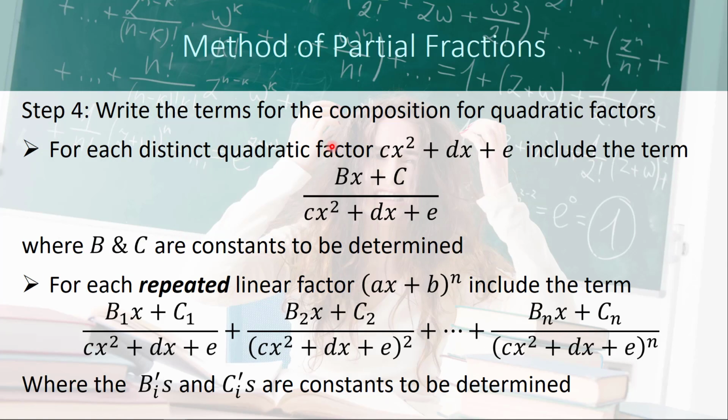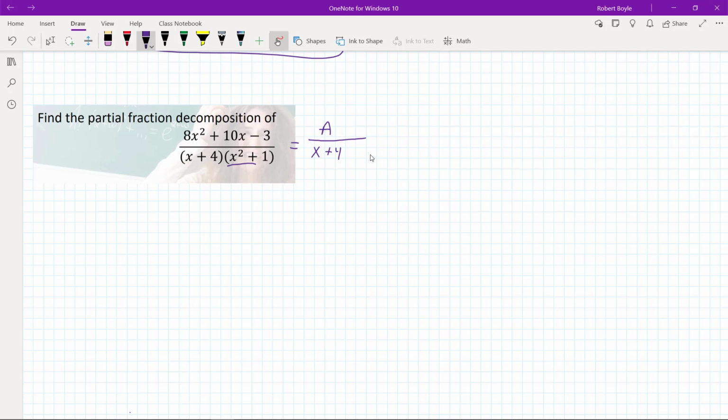And then for a discrete quadratic factor, which is what we have here, we want to write this as plus bx plus c divided by x squared plus 1. And also notice that this can no longer be factored over the reals. If you actually tried to factor this, you would have x plus i times x minus i, and we cannot use any complex numbers.